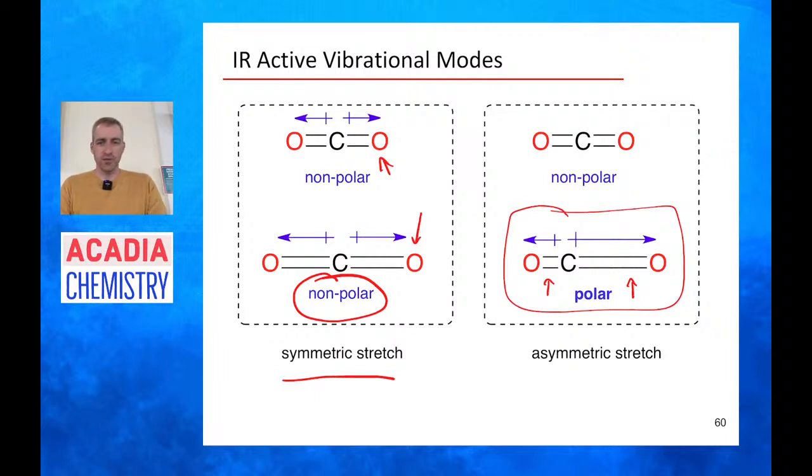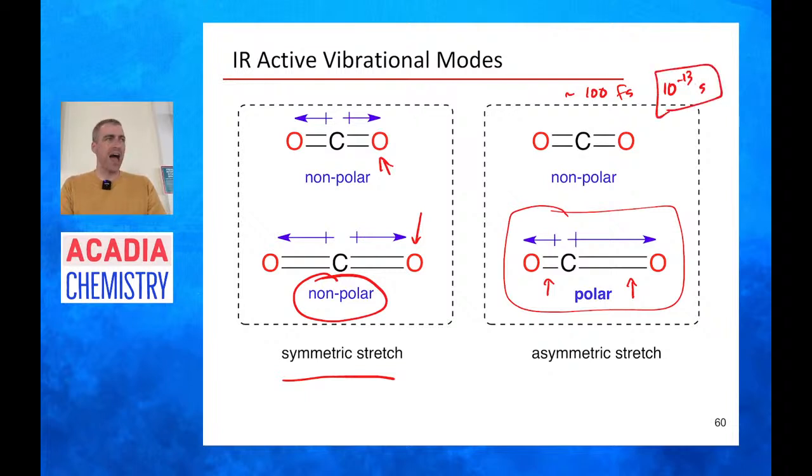So what happens because of this asymmetric stretch is CO2 goes from nonpolar to polar in one direction to polar in the other direction and back. It vibrates back and forth, oscillating its polarity back and forth. And this oscillation is extremely fast. It takes place on the scale of about 100 femtoseconds, which is about 10 to the minus 13 seconds.